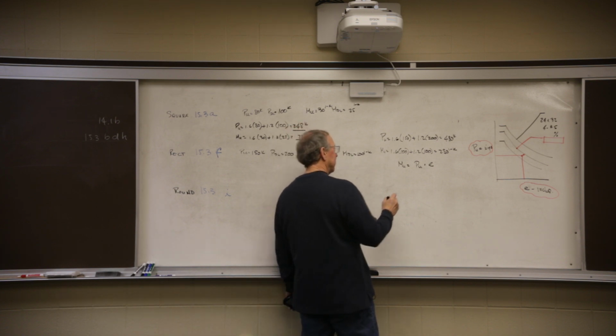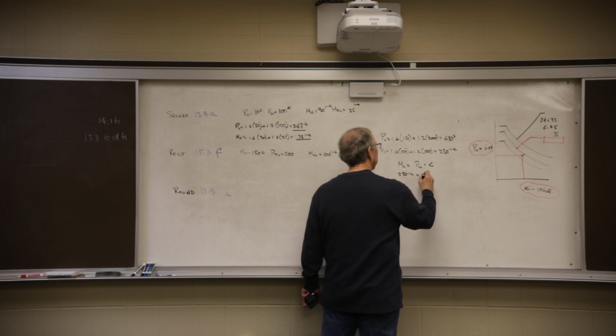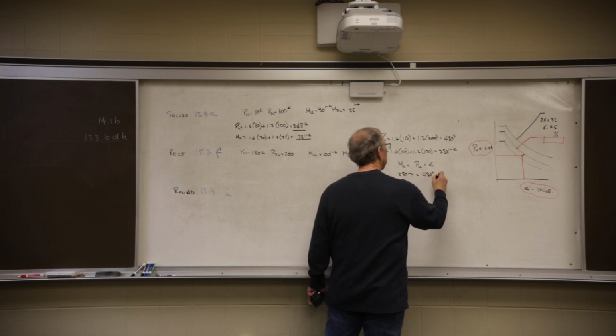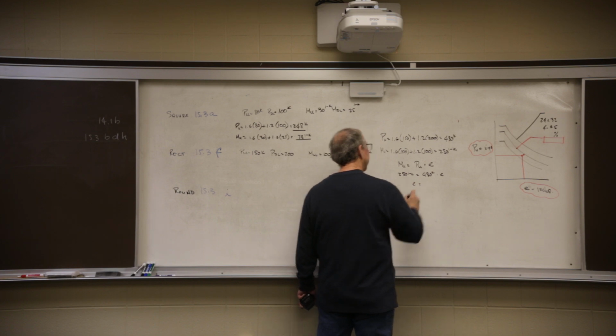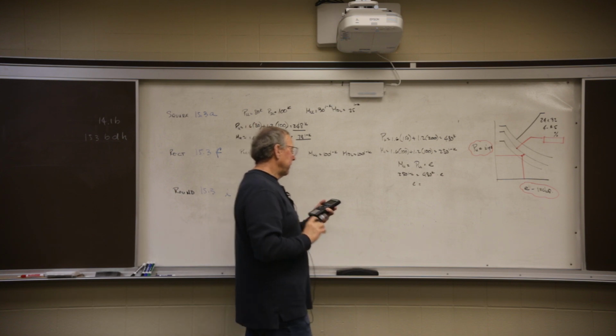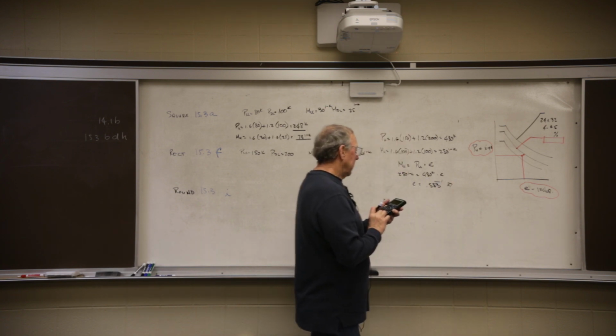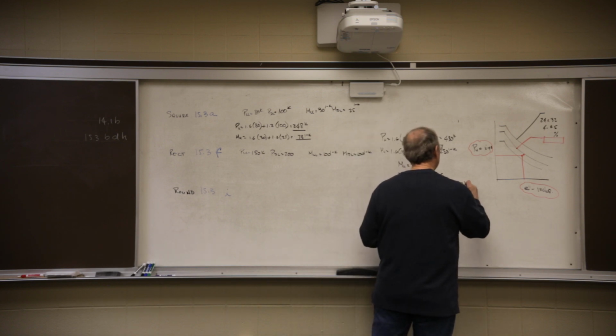Somehow, I don't know how it happens, but they get all screwed up. 280 foot kips equals 480 kips times E. If I divide it, I got 280 divided by 480, which gives me 0.58, a bunch of threes, feet. If I multiply it by 12, I get 7 inches.